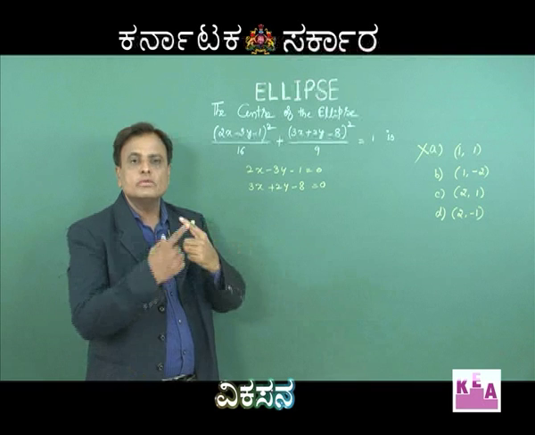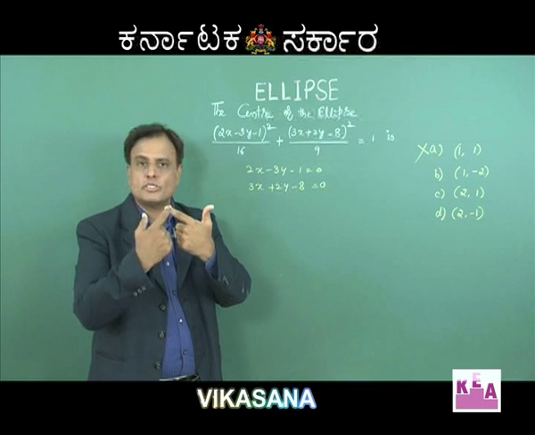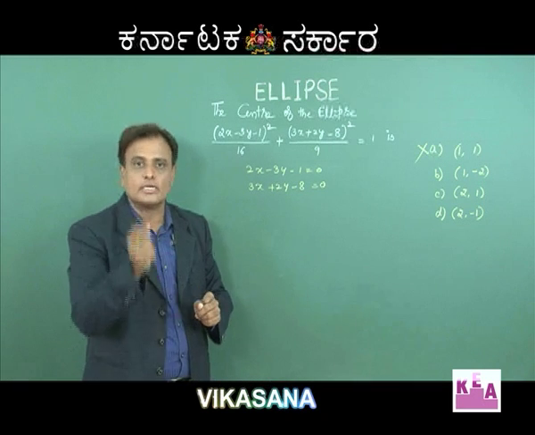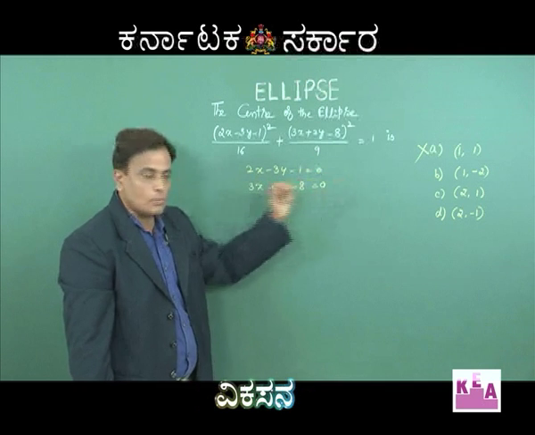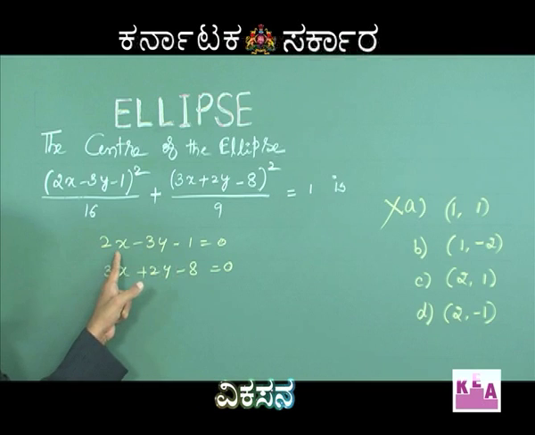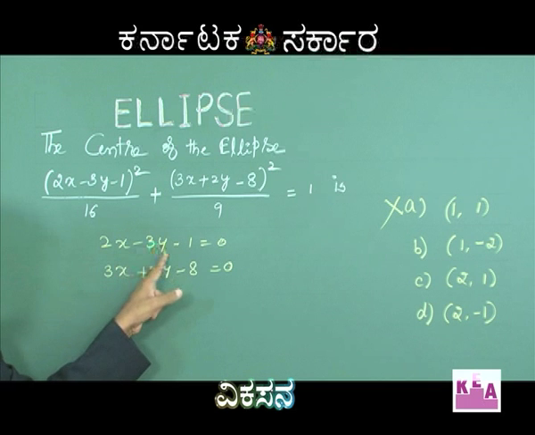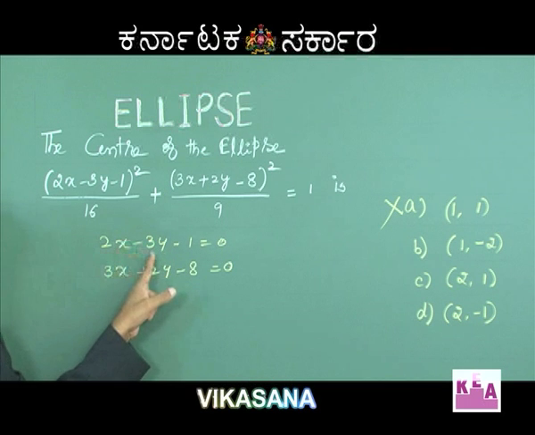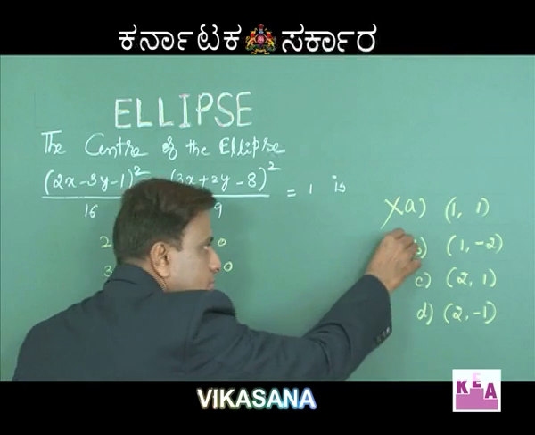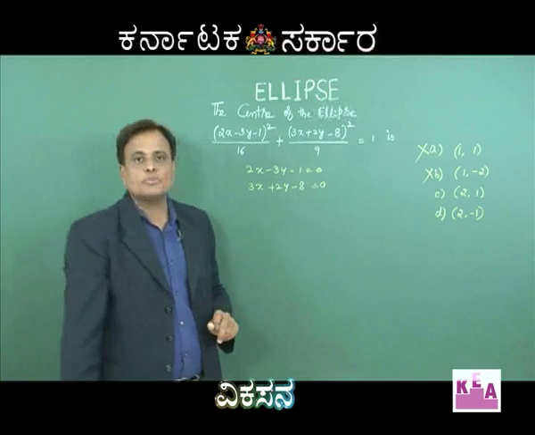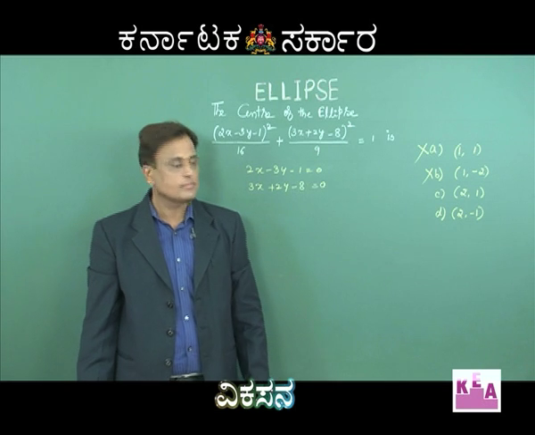It's better to check, because the point of intersection means the point is common to both lines. It should satisfy both equations. 2 into 1, 2, plus 6, because y value is minus 2, 8, minus 1, 7, is not equal to 0, not correct. So we rule out option B also.